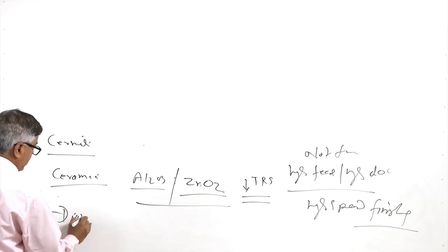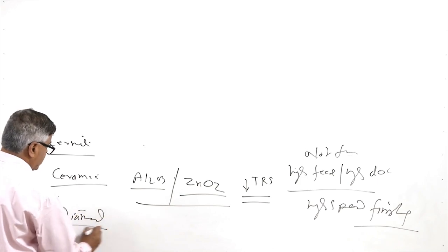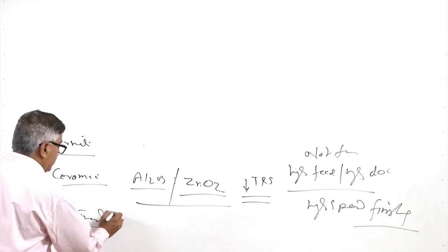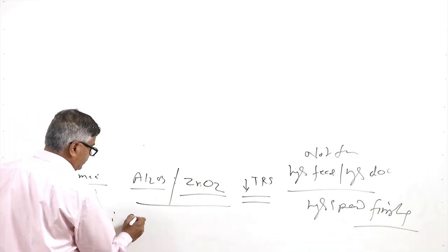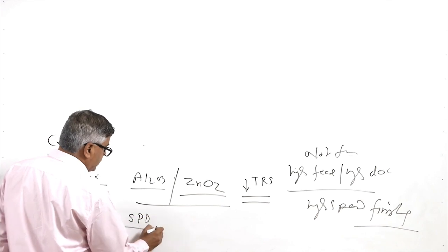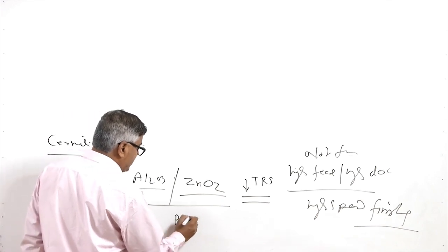Then another one is diamond. Diamond is basically sintered polycrystalline diamond, also known as PCD.